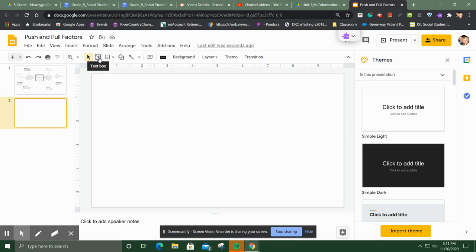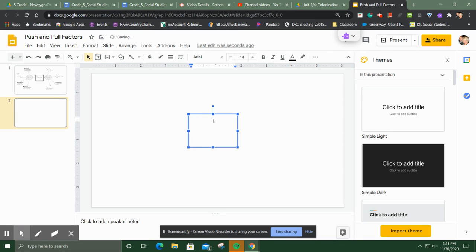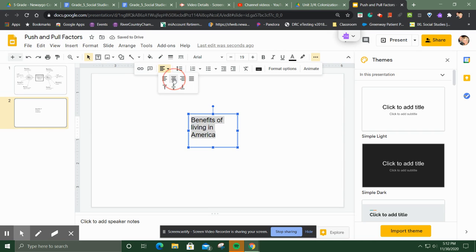Okay, so I'm going to, again, put a text box in here, and this is going to be a bubble map. So benefits of living in America. I'm going to make this nice and big. And again, we're going to center it. I like to make things look decent.